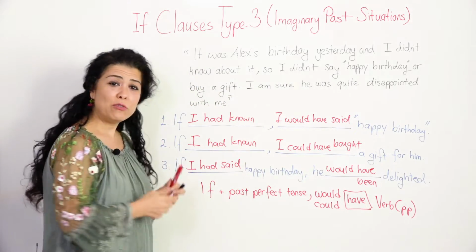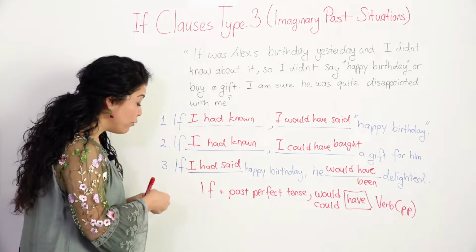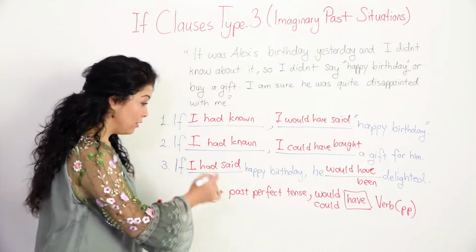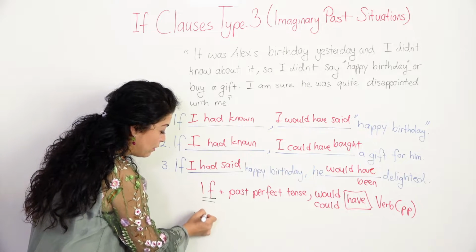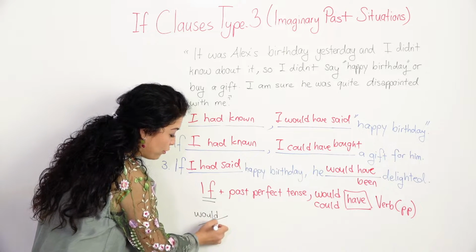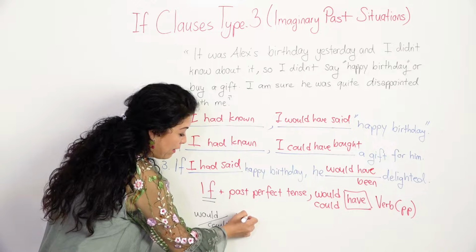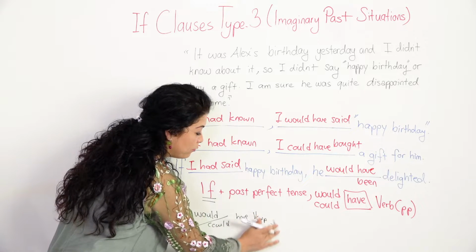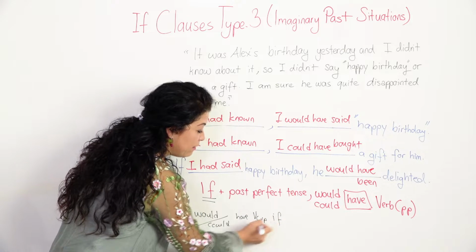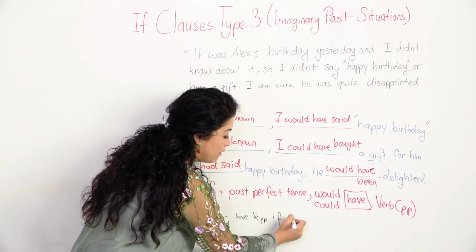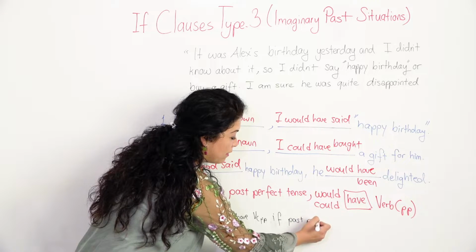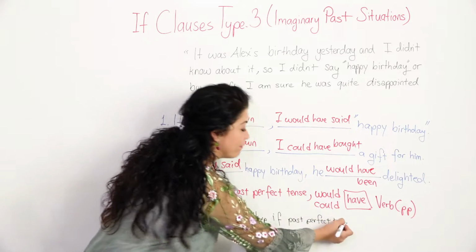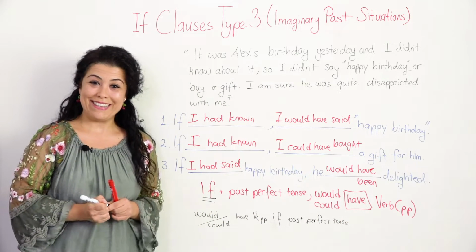So when you look at it, it's quite simple. You can as well put the if right in the middle. Then you have to start with would or could have verb in past participle form. Then we have if past perfect tense. Quite easy, huh?